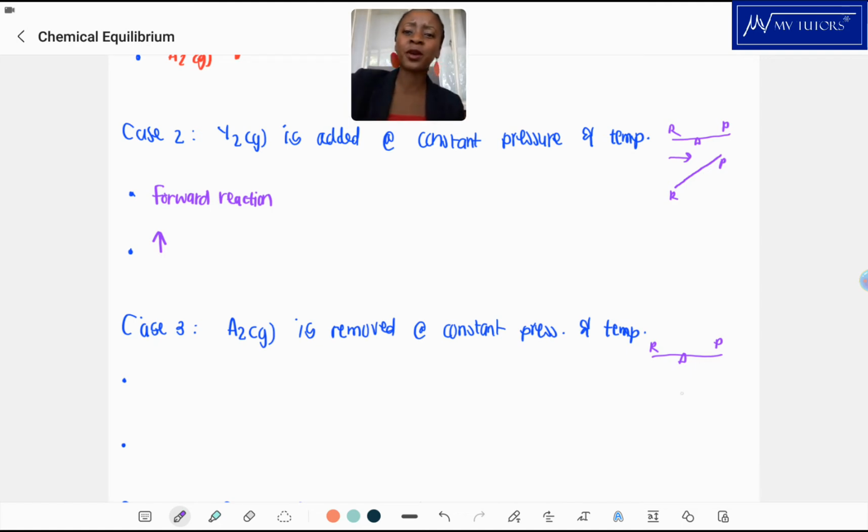So if you remove the products, your reactants are going to be heavy. We're going to help out the products. So again, the forward reaction is favored, or it's product favored, and A2 will increase.